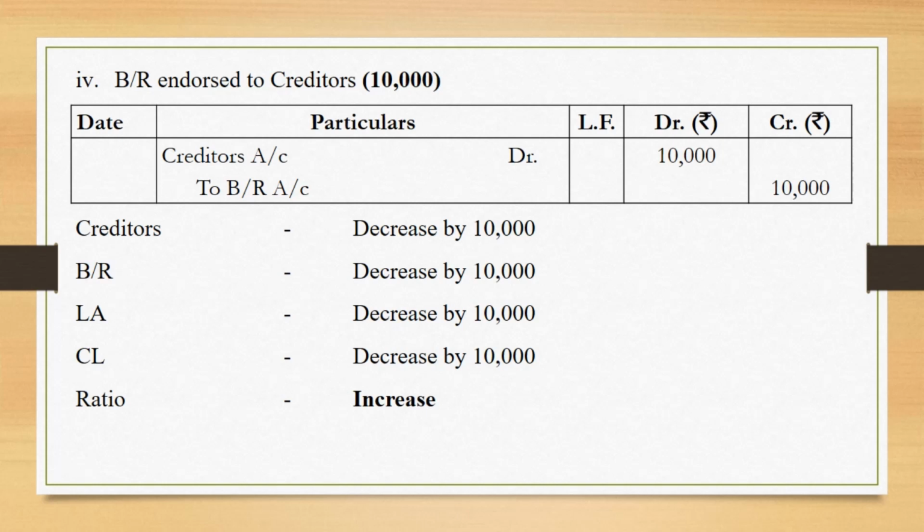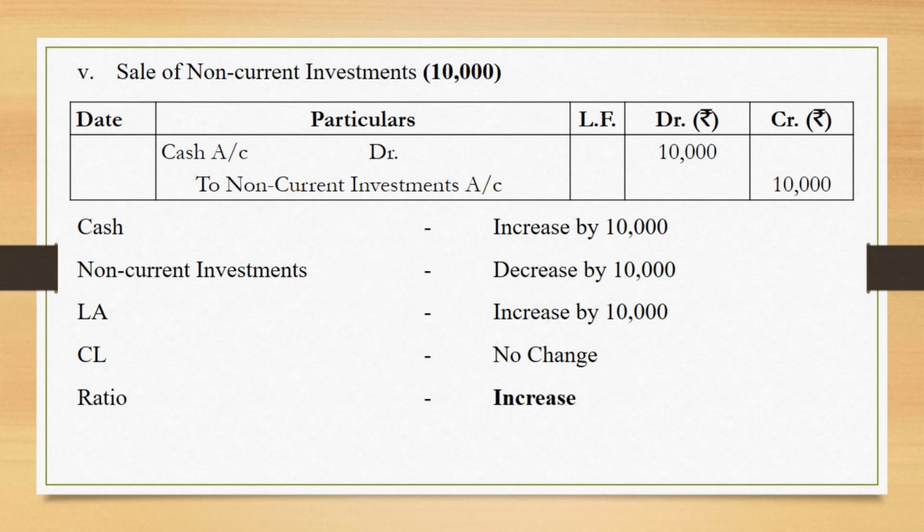Now creditors is a current liability and bills receivable is a liquid asset. Both decrease by 10,000. Because the ratio is 1.2:1, if the numerator as well as the denominator decreases, the ratio increases.